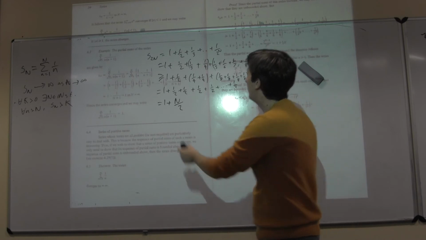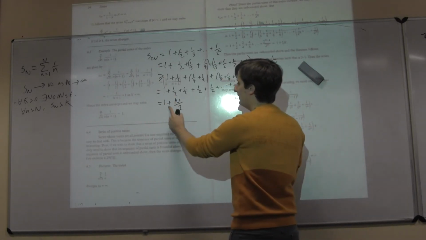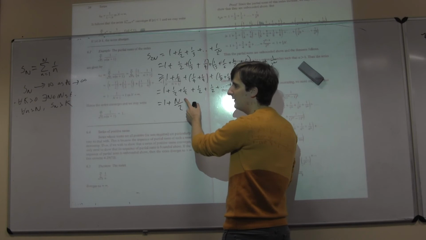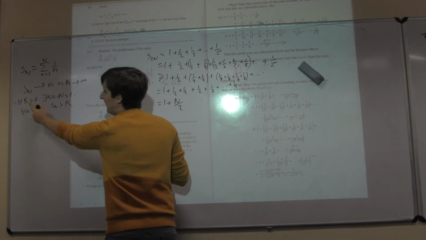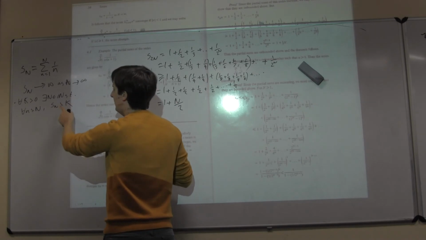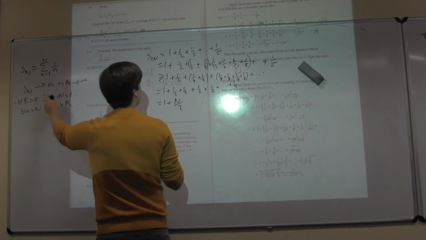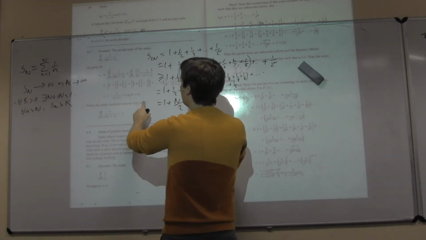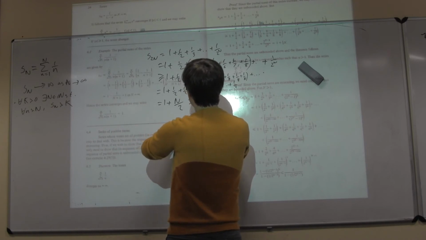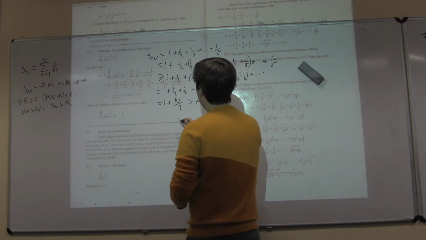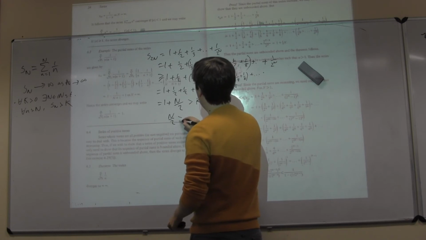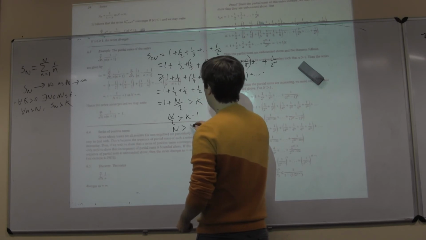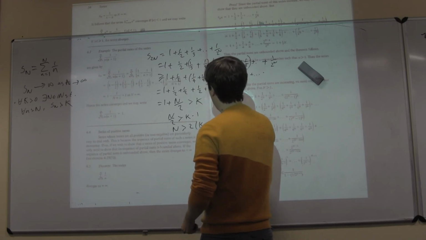So what are we showing? We're showing that S of 2 to the n is bigger than something that's increasing in n. So this is clearly enough. If we want this to be bigger than K, all we need is that N over 2 is bigger than K minus 1, so N is bigger than 2 times K minus 1.